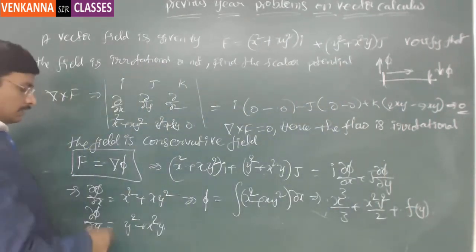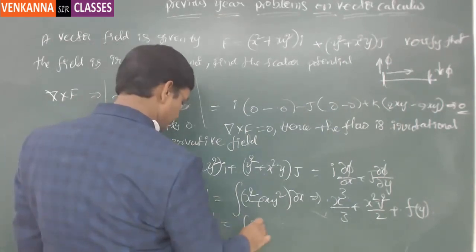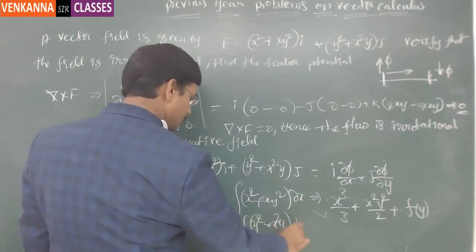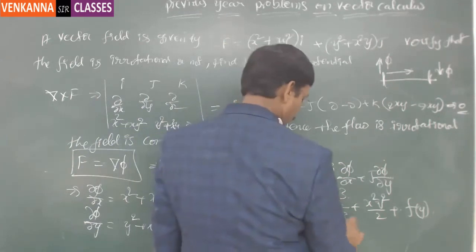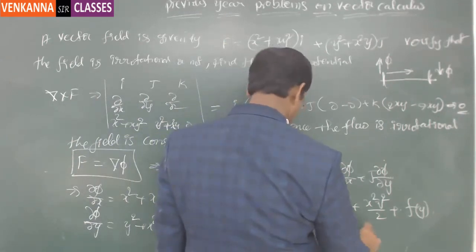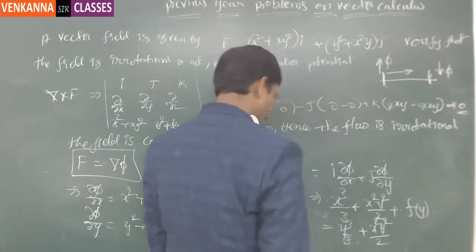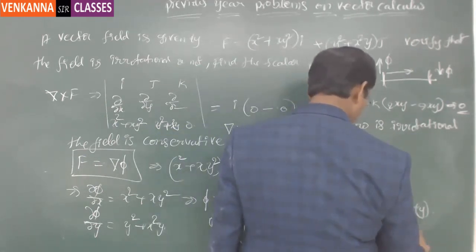Similarly, taking phi from the other equation, the integral of y square plus x square y dou y is y cube by 3 plus x square y square by 2 plus some function g of x.